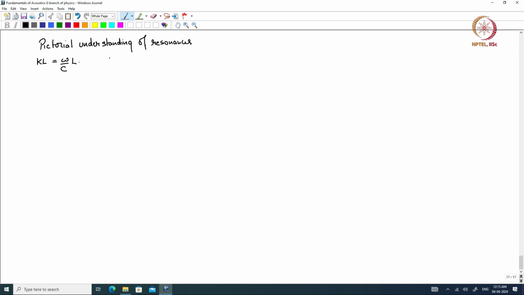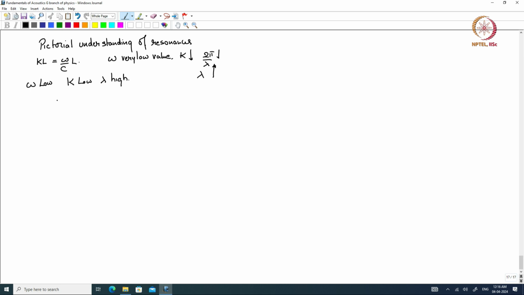So now omega, we start at a very low value, okay, that means k is a very low value, that means twice pi by lambda is a low value, so that lambda is a very large value. Okay. So omega low, k is low, lambda is high.